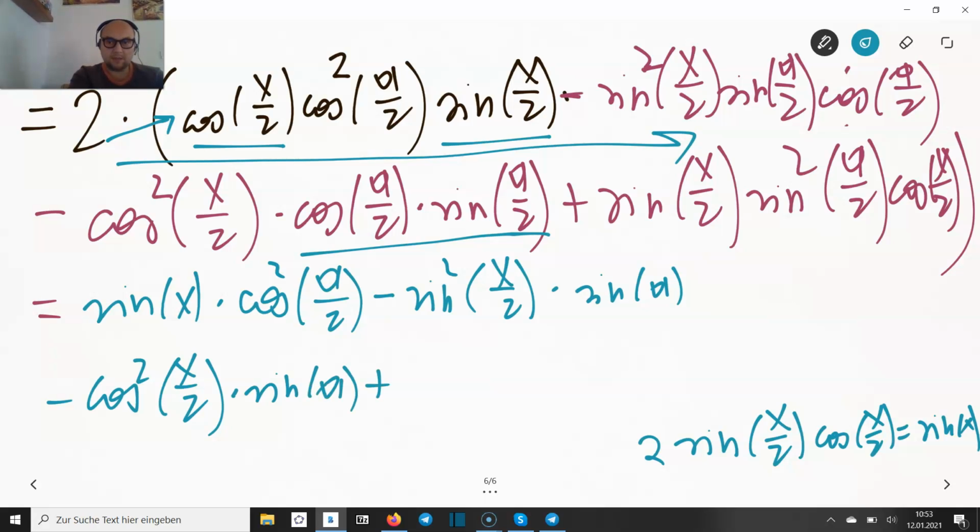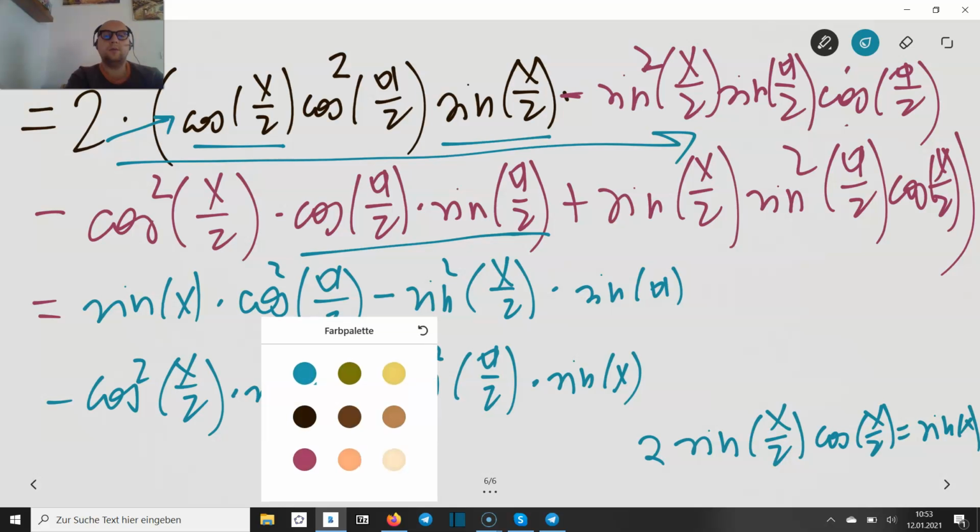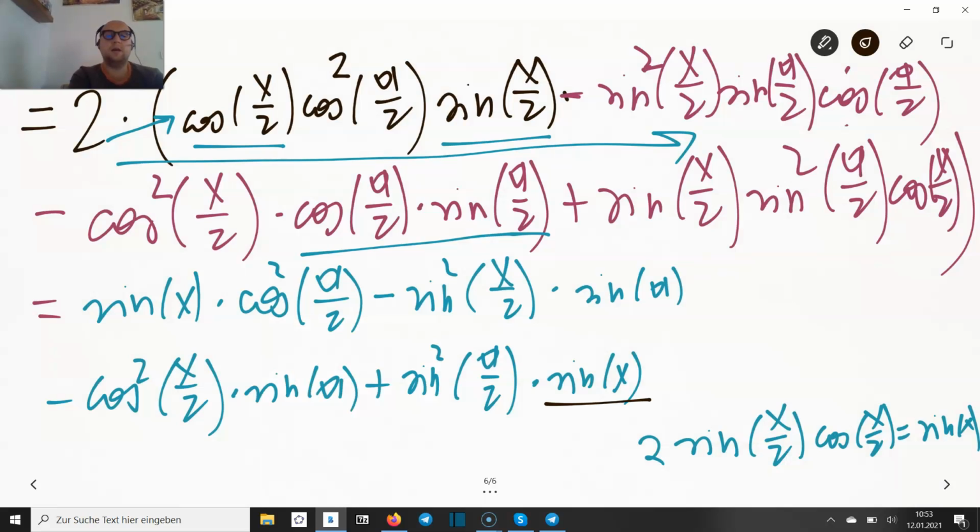And we have plus sine squared of a divided by 2 times sine of x. Now, if I take sine of x out of the parentheses, I would have sine squared plus cosine squared, which is 1. So those two are just giving me sine of x.